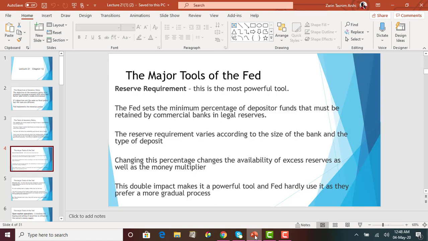Let's say when I deposit $100 in Wells Fargo today, and Wells Fargo has a reserve requirement of 10%, then out of that $100 they have to keep $10 aside as reserves. That is because the Fed is requiring them to do that.